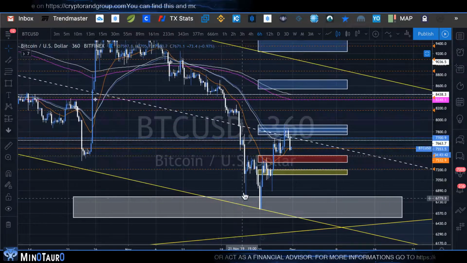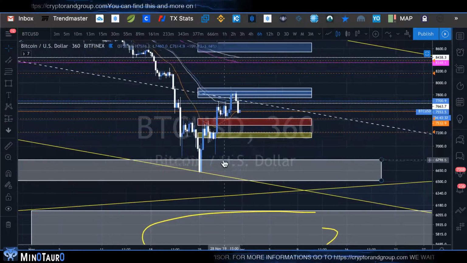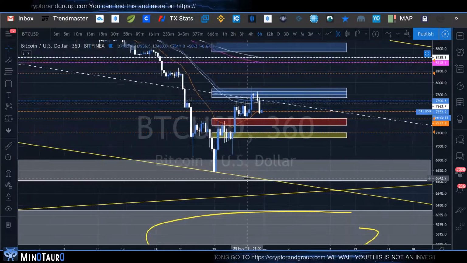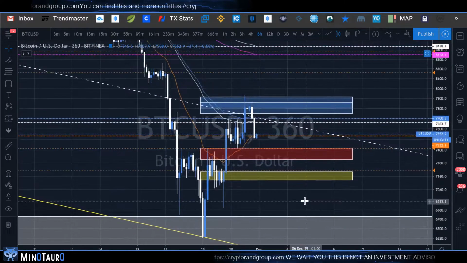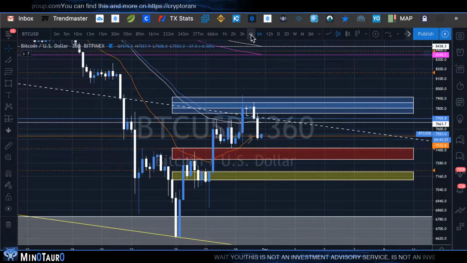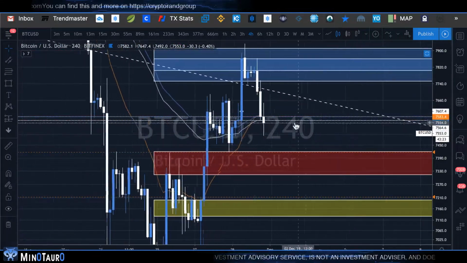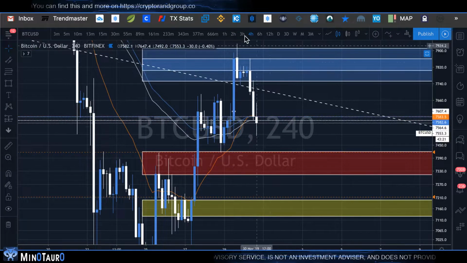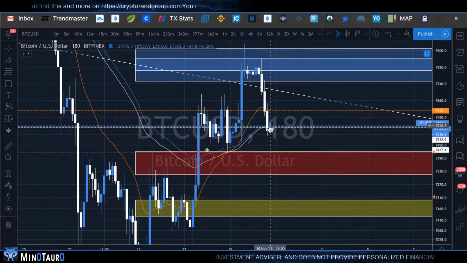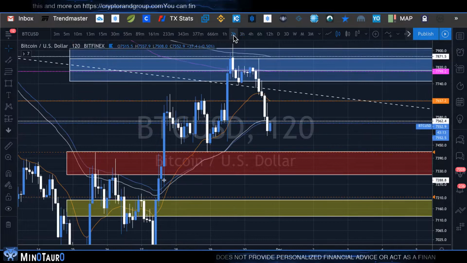There was even a better landing zone under this, but you filled the main box, not the small one. Okay, on the 6 hour we went to the 21. That is cool. On the 4 hour we are still on the support on the EMAs. Okay, 3 hours same situation, I think. Yeah, 55. Okay, so this is the supported one.